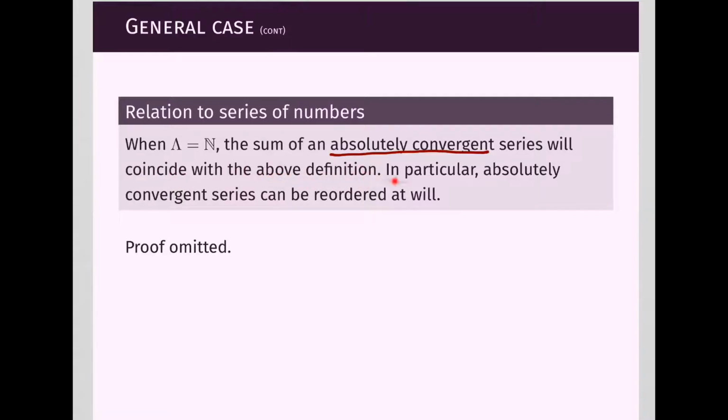And that means, in particular, I'll let you think about it, about why. In particular, this means that absolutely convergent series can be reordered at will. We can reshuffle those numbers, and when we add them, we always get the same result.